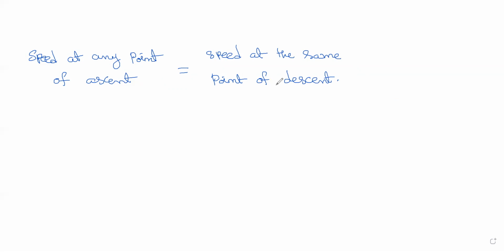Now, how to do that? The meaning first we'll see. So let us say you have projected up one particle. Let us consider a point x in the journey, and now it has reached a height of h.